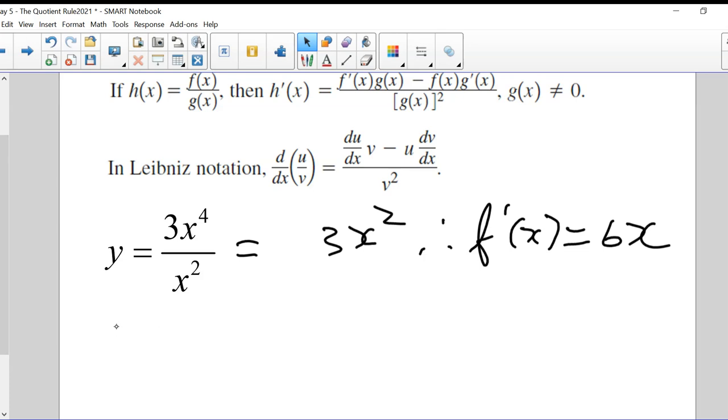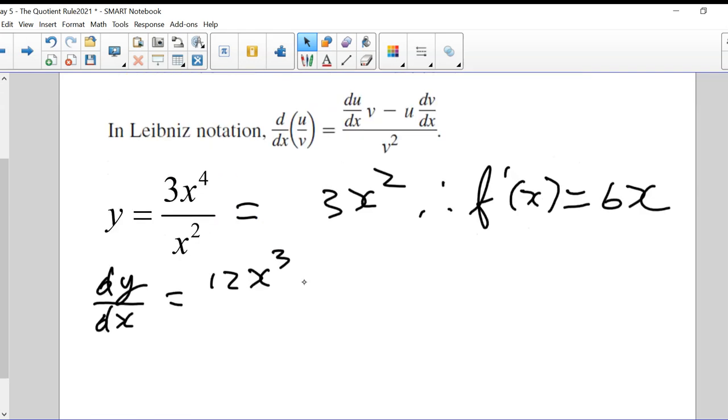So this is the dy/dx now. It should be equal to the derivative of the top, which is the 12x cubed, multiplied by the x squared, so the underived bottom, minus, remember it's minus this time, not plus, the last time it was plus, and the order in which you subtract matters, so please make sure you do it this way. When we were doing the products a while ago, it didn't really matter which product you took first, because when you add them up, you get the same answer. But in this case, it does matter.